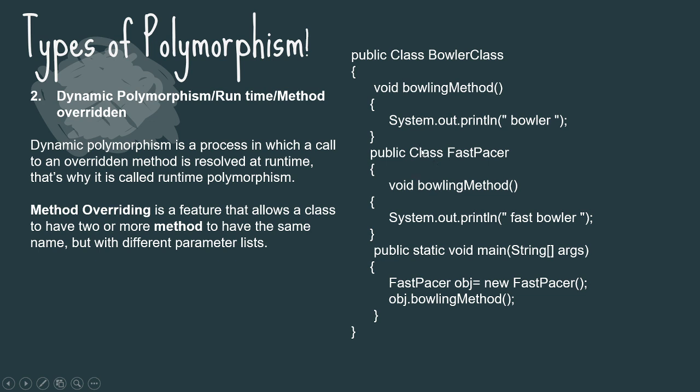The FastPacer object is created here. Then the result will be displayed as fast baller, because I have written System.out.println with fast baller here. So this is polymorphism.